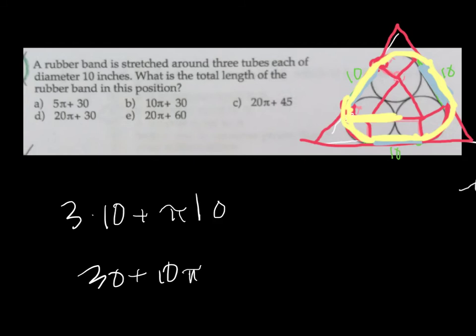Which of these numbers is close to 60? This is the ultimate strategy if you have no idea. This answer is about 90, because it's 20 times 3 plus 30. This answer is about 120. This one's 105, and this one is about 45.